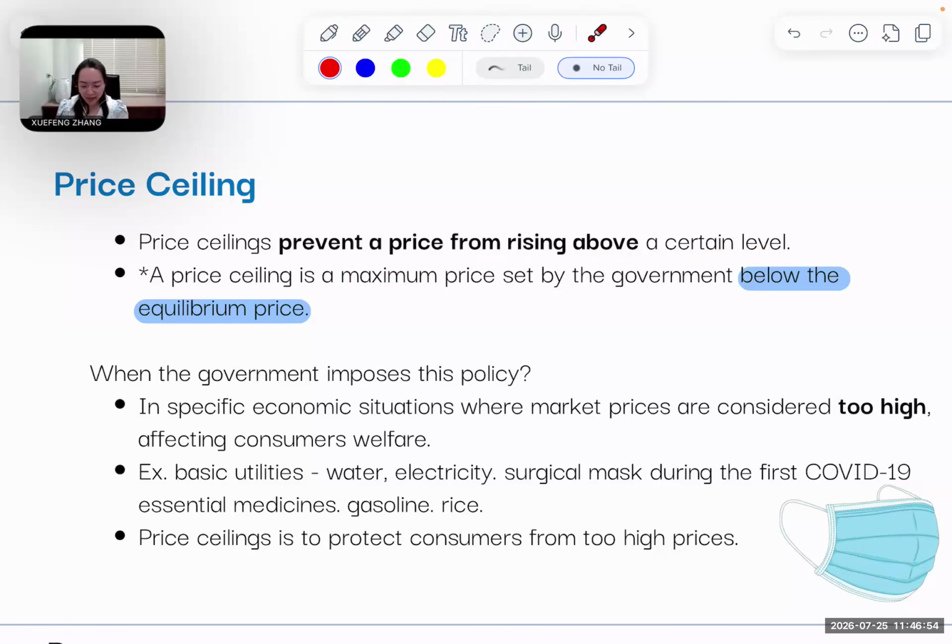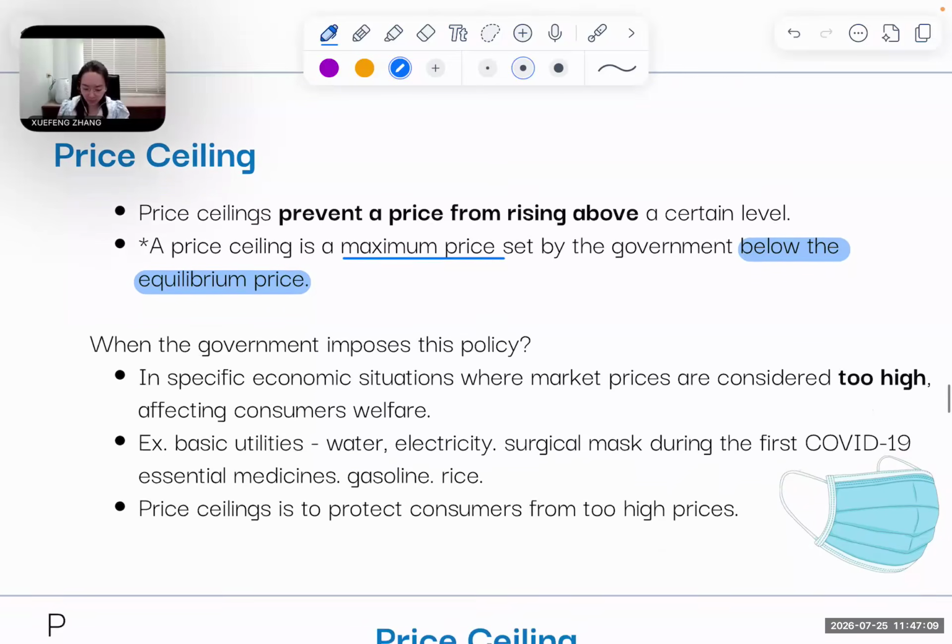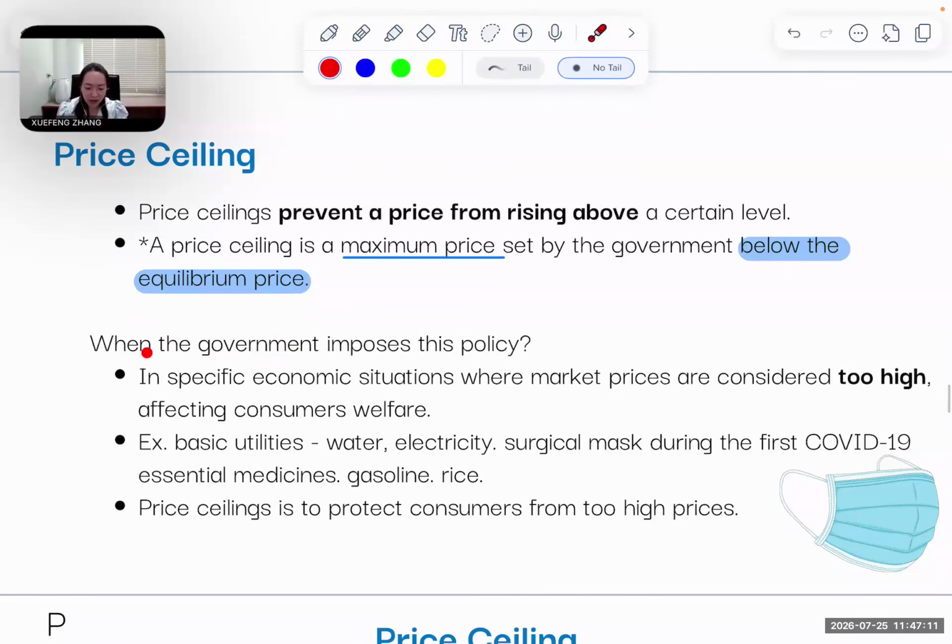And it's a maximum price set by the government below the equilibrium price. I'm going to show you later why it's below the equilibrium price. Next one, when the government imposes this policy, why would a government do this?